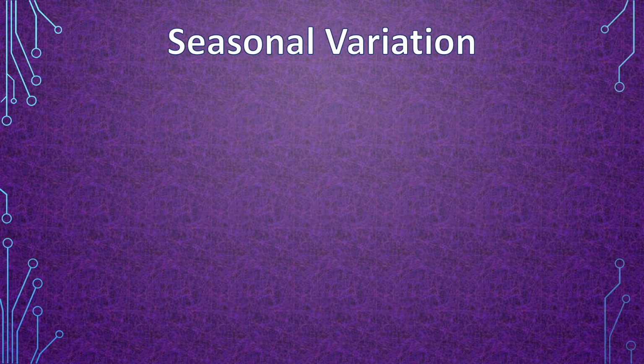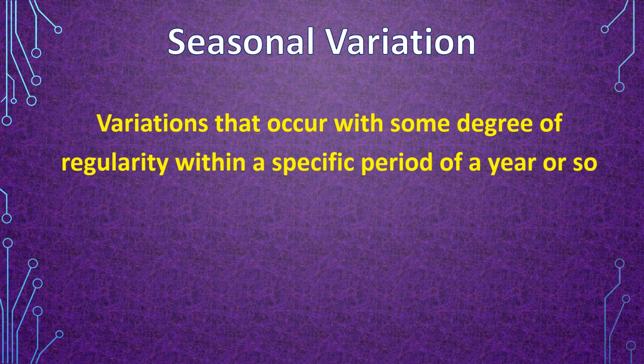Now the next type of a series is seasonal variation. The periodic movements in the business activity are those which occur at regular intervals in every year. As these variations repeat during a period of 12 months, they can be predicted quite accurately.